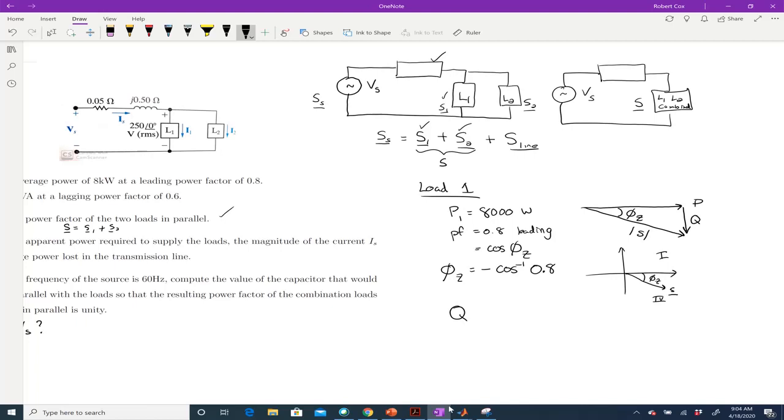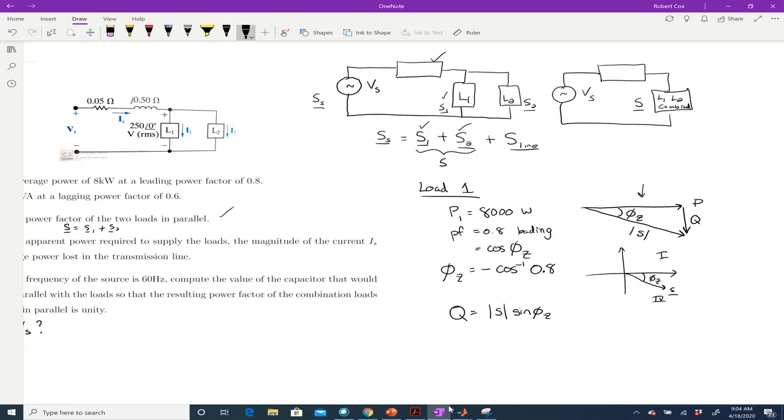So once I have that, I can simply say, if I want to get everything else here, I would say, well, Q, just from using trigonometry, right? Just looking at this, not looking at any of those formulas or anything like that. Just using trigonometry, I know that Q has to be the magnitude of S times the sine of phi sub z, okay?